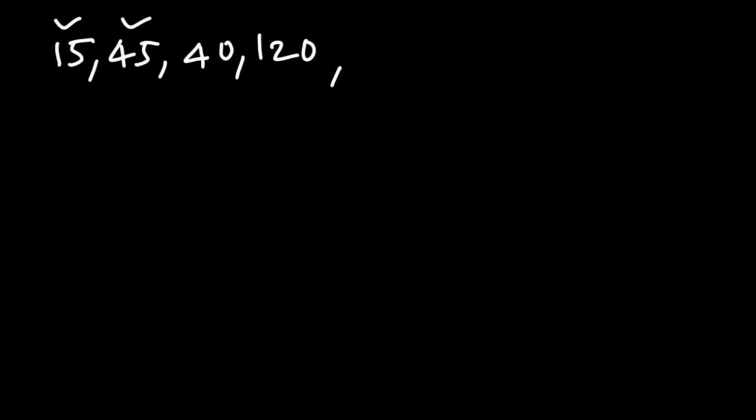We have to state if 15, 45, 40, and 120 are in proportion. So first we will take the ratio of the first two. That will be 15 ratio 45, which will be 15 ones are 15, 15 threes are 45, that is 1:3.